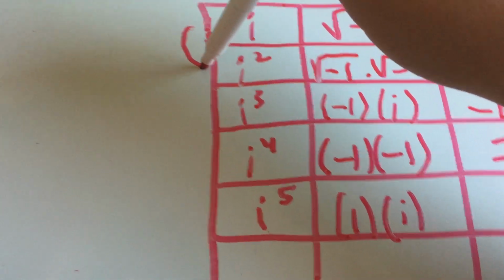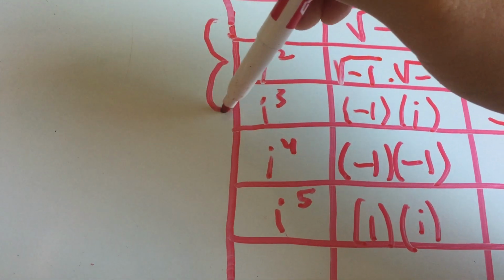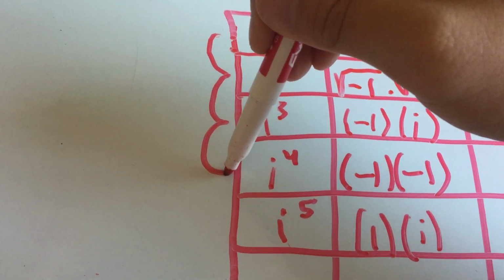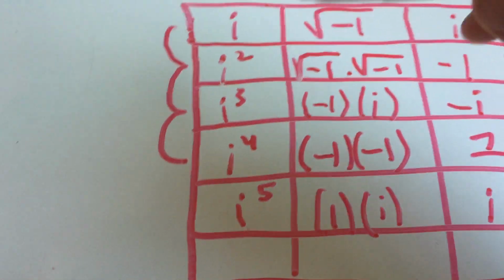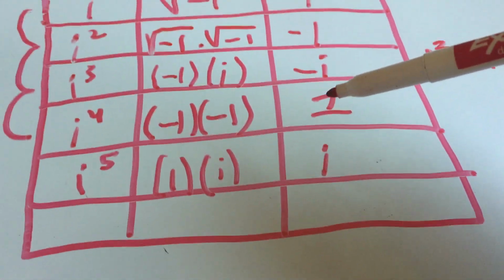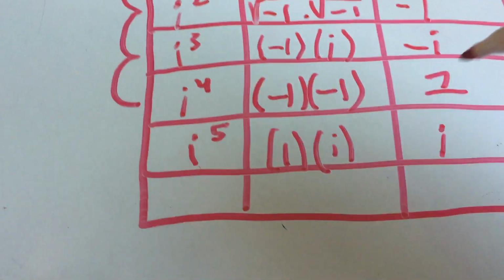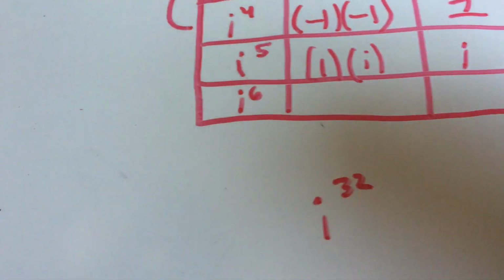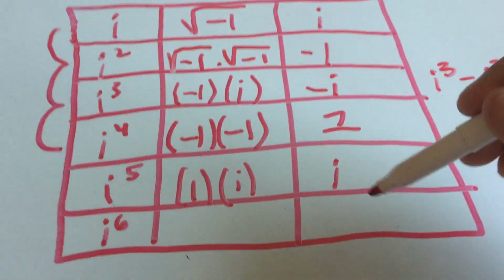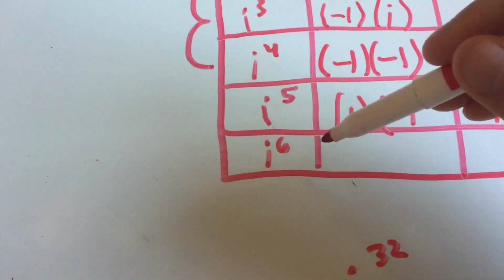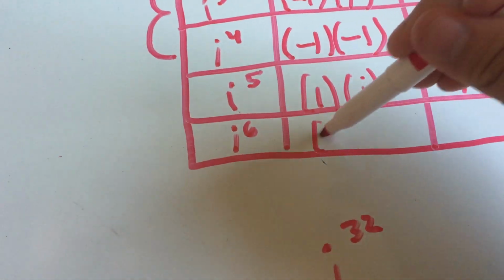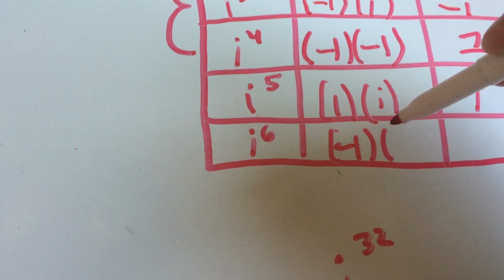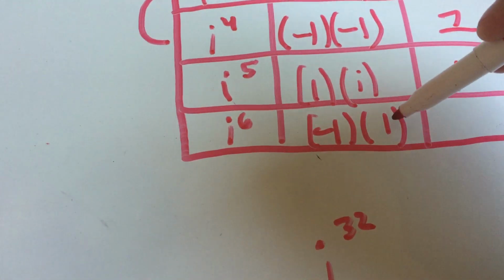From here, 1, 2, 3, 4, that's 4 times, and it's back to the original. If it's i to the 6, you could probably guess what the answer would be next: write it as negative 1 times 1.